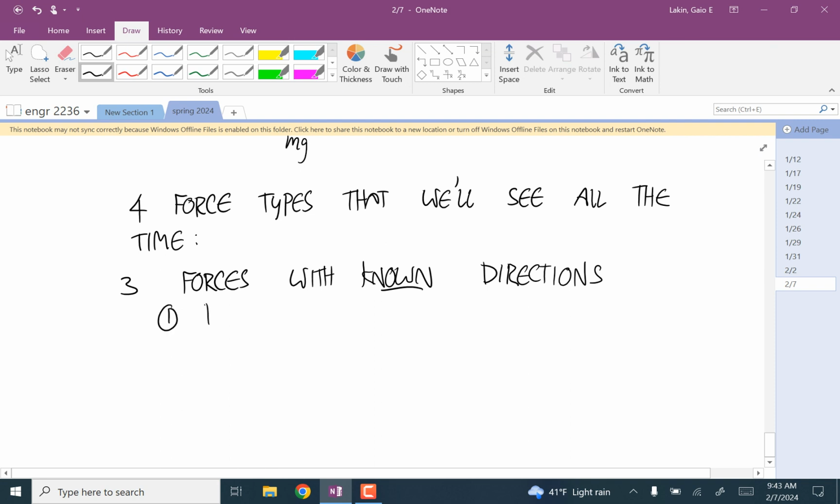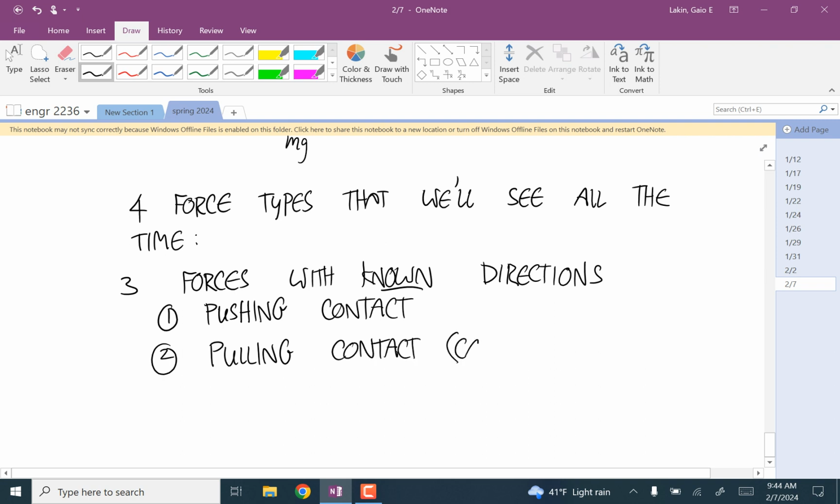Those are, I'm going to separate it into pushing contact, pulling contact, that whether there's a cable involved or not, you can always think of it as being applied by a cable. And the third one is friction contact.